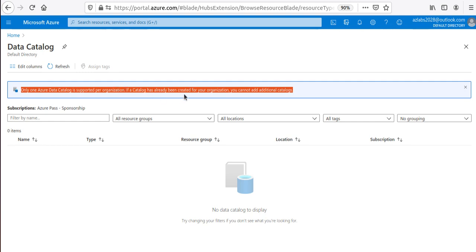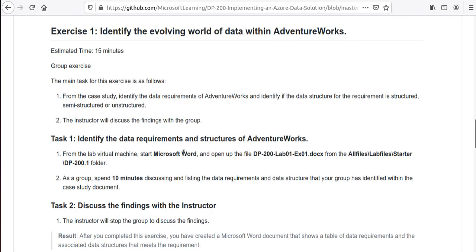If a catalog has already been created for your organization, you cannot add additional catalogs. So in my subscription, it's not even available to me. So this is something else to keep in mind. If you need crowdsourcing, if you want to build a huge amount of content, you can use this Data Catalog service to do that. All right, so let's go back over here.